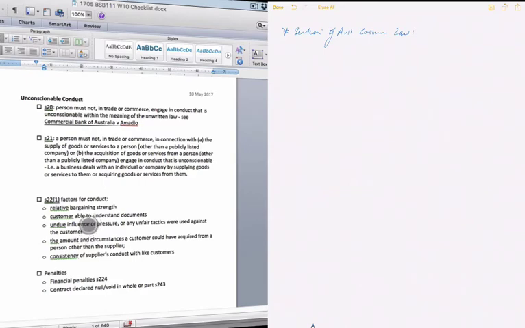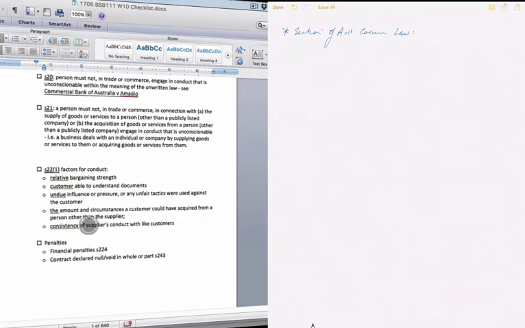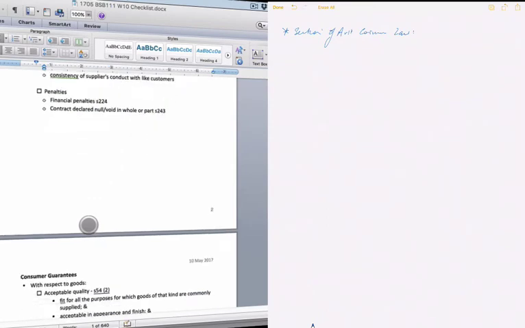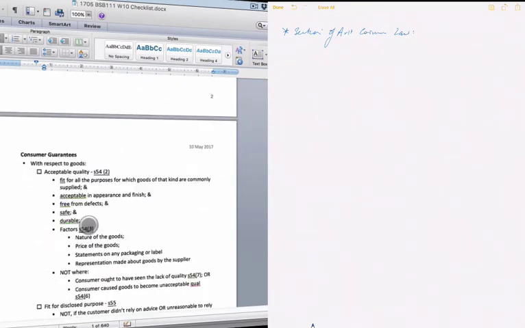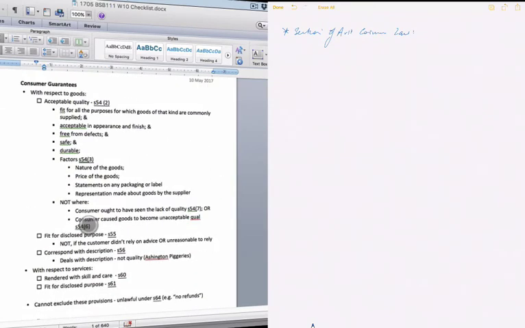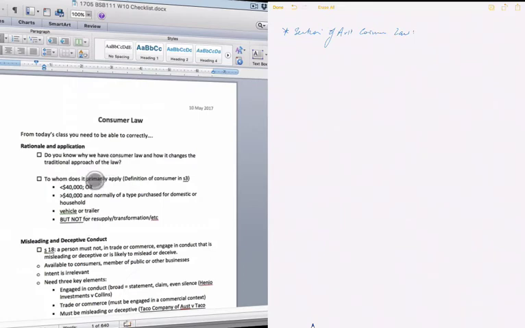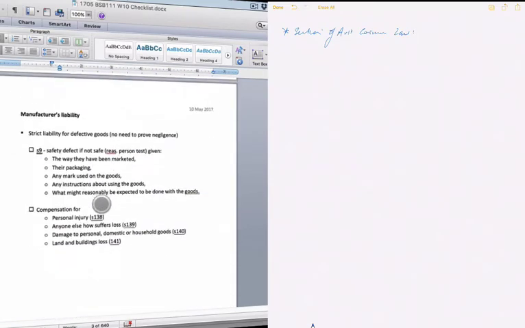Yes, because he's buying something that's under $40,000, which is one of the definitions of consumer. So it could be a consumer guarantee. The consumer guarantees include acceptable quality. Is it of acceptable quality? It doesn't seem to be broken. We could argue about the internet capability, but it doesn't seem to be quality.